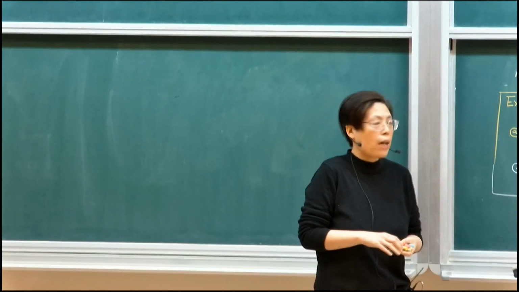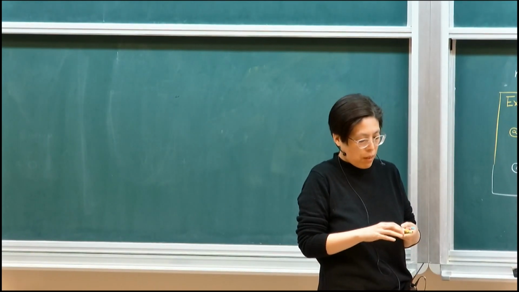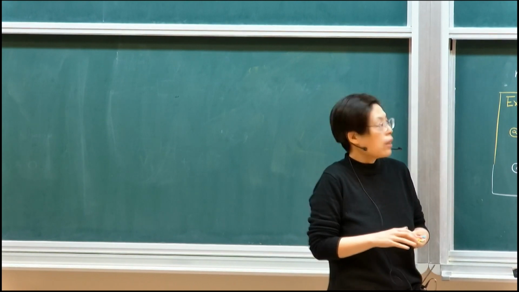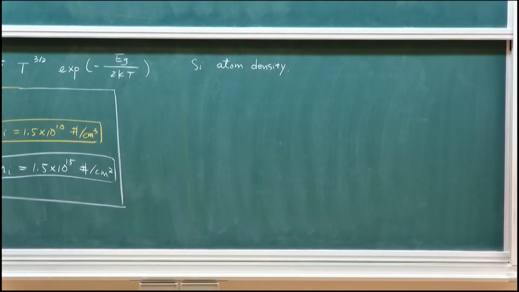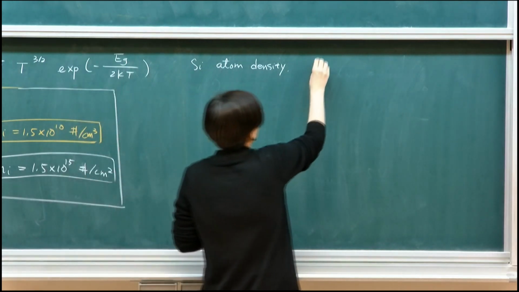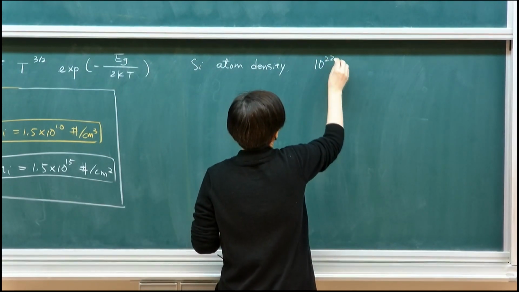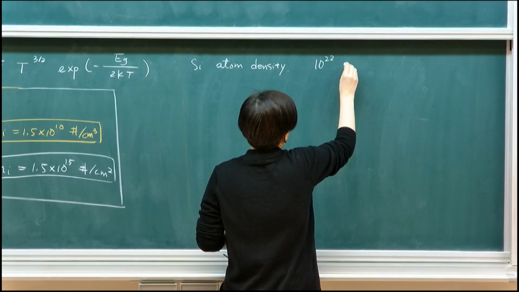The other thing is that for silicon, it is fairly low. So think about the density. If you think about silicon atom density, that means how many atoms there are per centimeter cubed. That's about 10 to the 22nd.